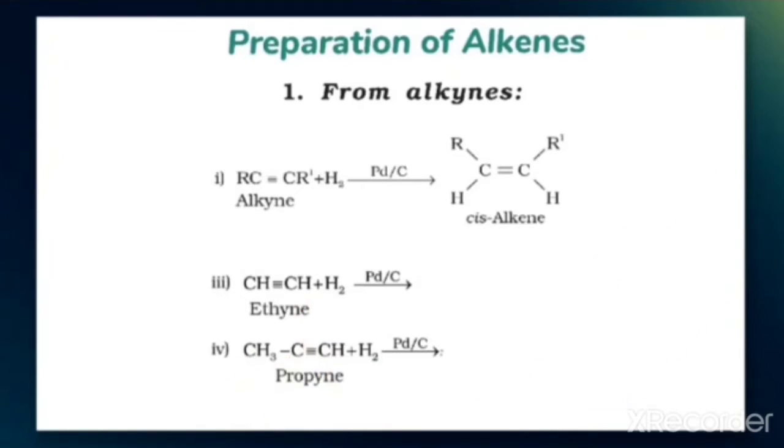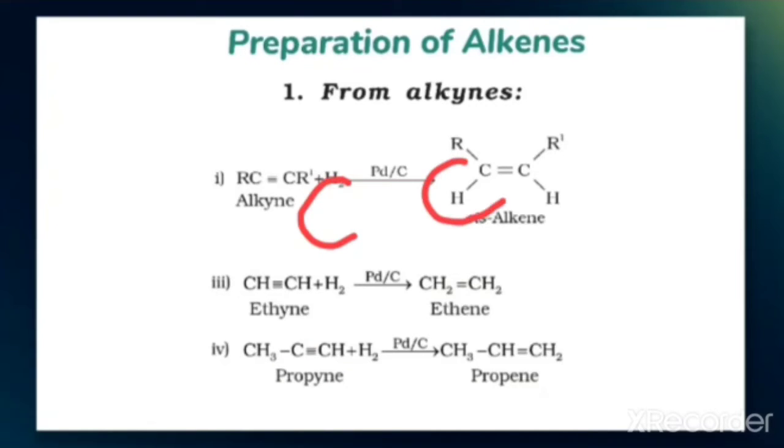So this is the method you have to learn in order to make the product. Let us write the products clearly here: ethene, CH2=CH2, and here propene. This is a very simple equation. You need to focus on the carbons bonded by a triple bond.